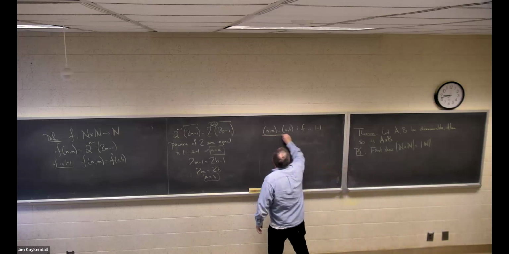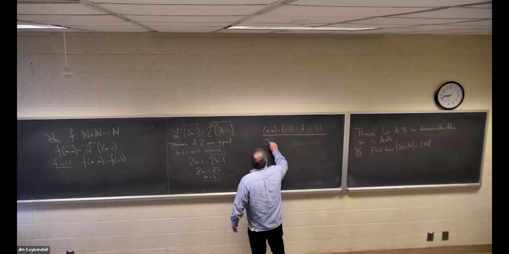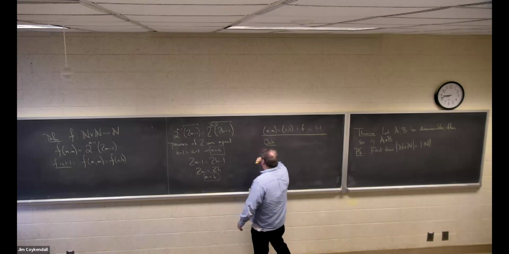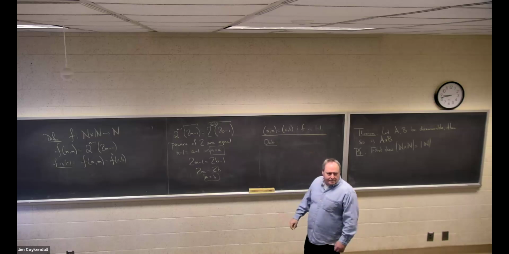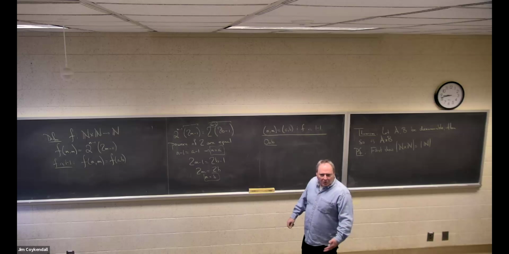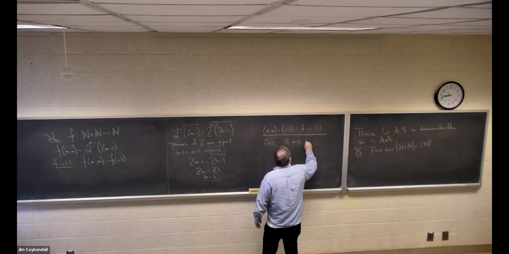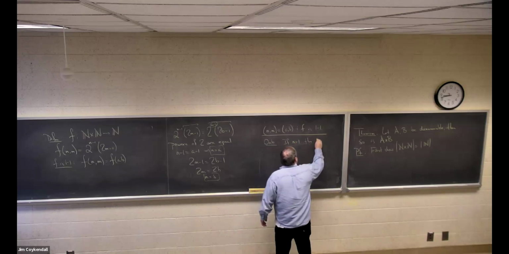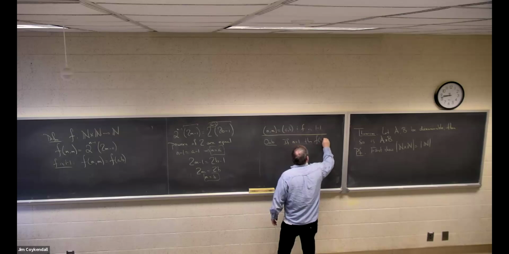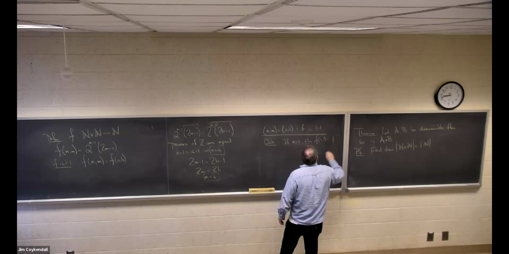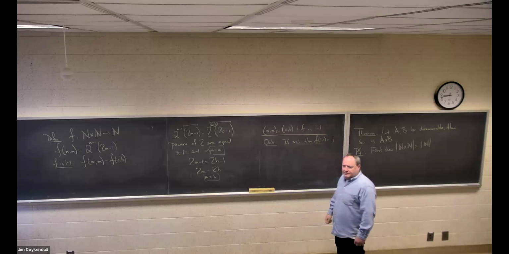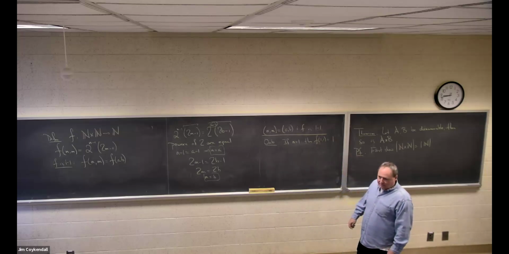Why is it onto? This is kind of fun because if n equals 1, then f of 1, 1 is equal to 1. Right? I agree.